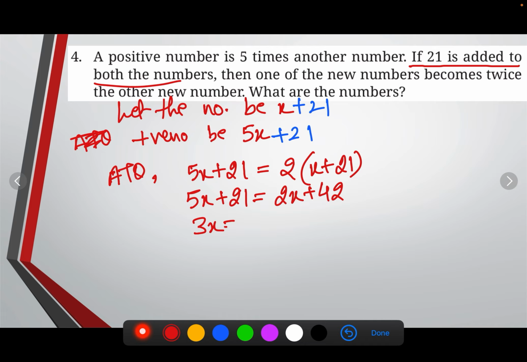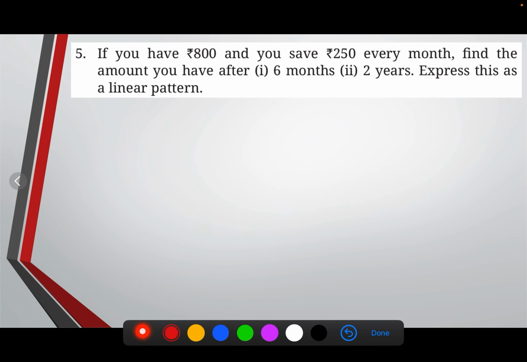So 3x will be 21 and x is 7. So what are the numbers? The numbers are 7 and 7 into 5, 35. Okay. So what we are doing, these are just the different word problems where all information is given. You have to put into the equation, find ATQs and solve.